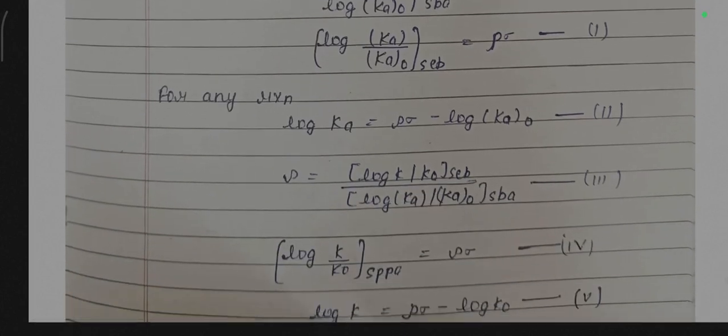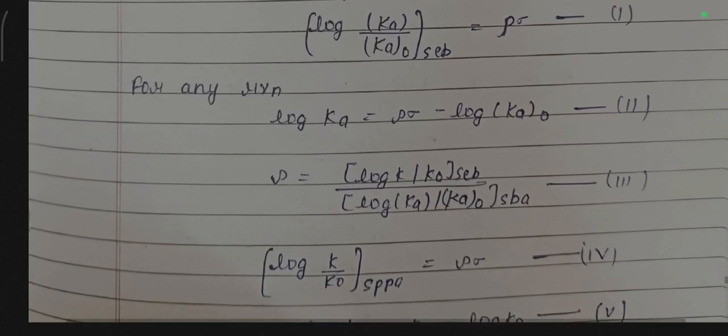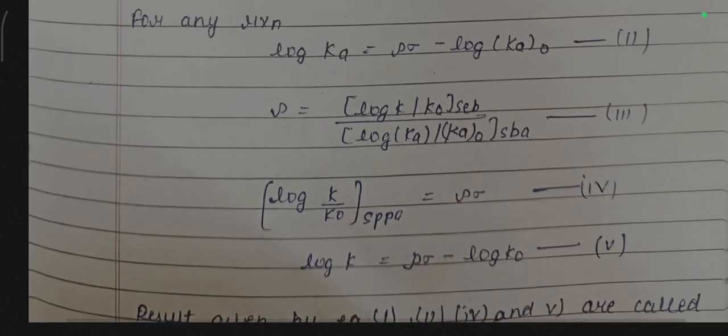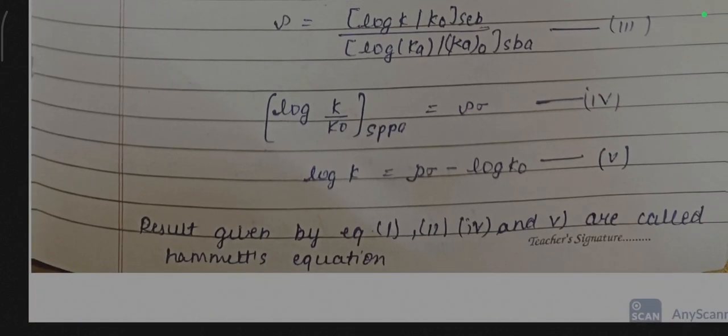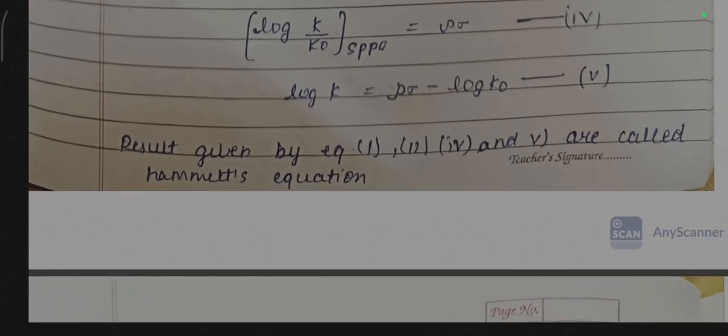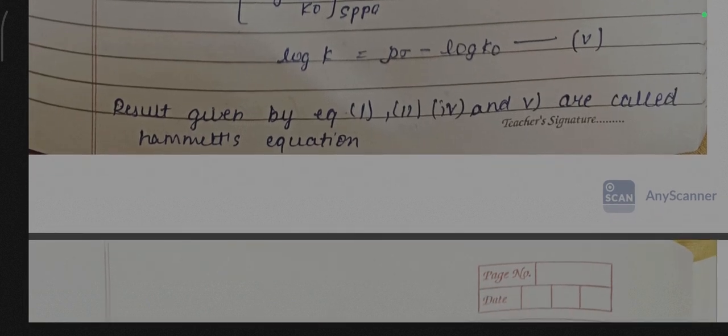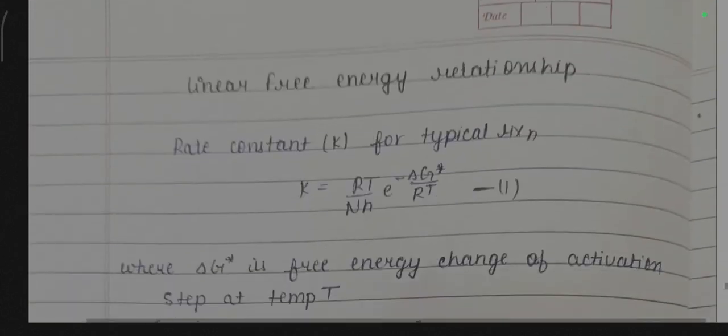For any equation, logarithm of K is equal to rho sigma minus logarithm of K naught. Rho is equal to logarithm of K upon K naught upon logarithm of Ka upon Ka naught. Logarithm of K upon K naught is equal to rho sigma. Logarithm of K is equal to rho sigma minus logarithm of K naught. The results given by equations 1, 2, 4 and 5 are called Hammett's equation.